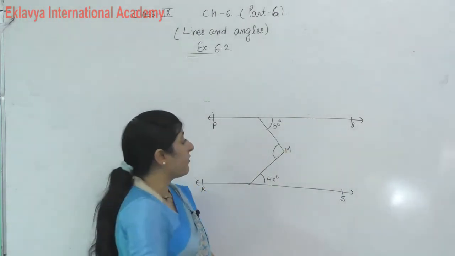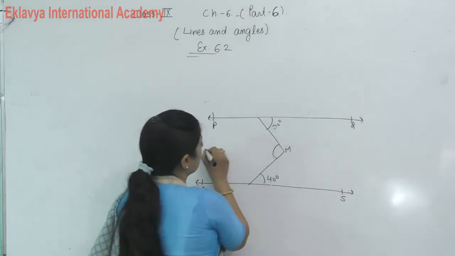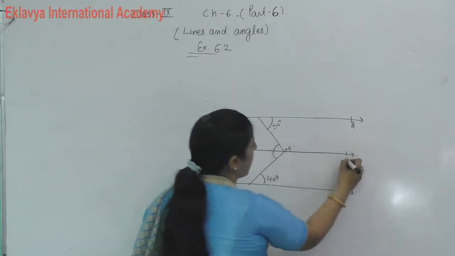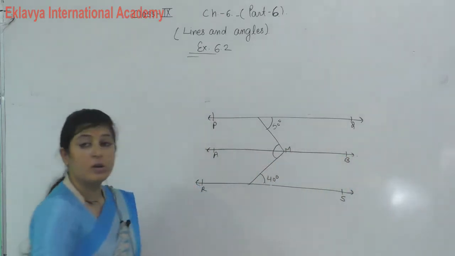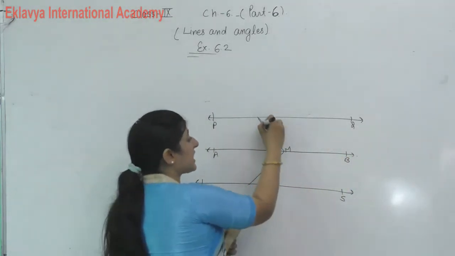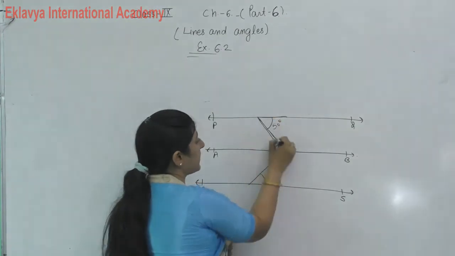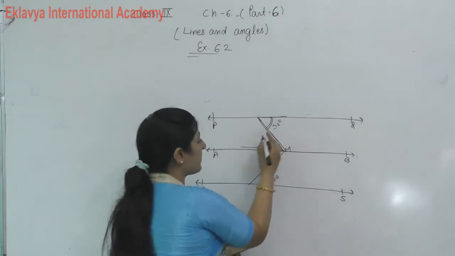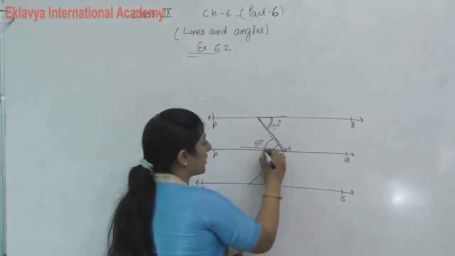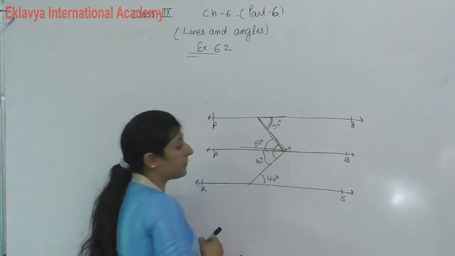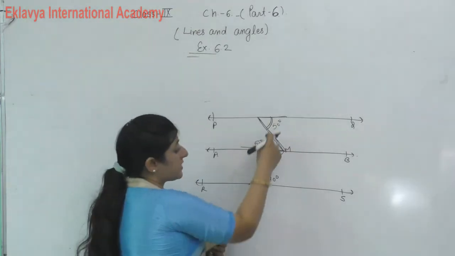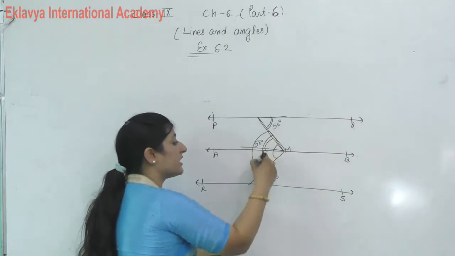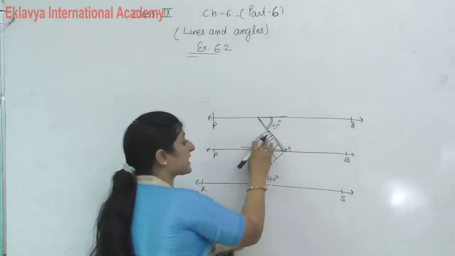Same procedure we will apply: we draw a line AB parallel to PQ and passing through M. In this case, what is the relation between them? They are alternate interior angles. This is 50, then this also 50; this 40, then it also 40. Then the angle becomes 90 degrees. Total angle, what is this? 90.